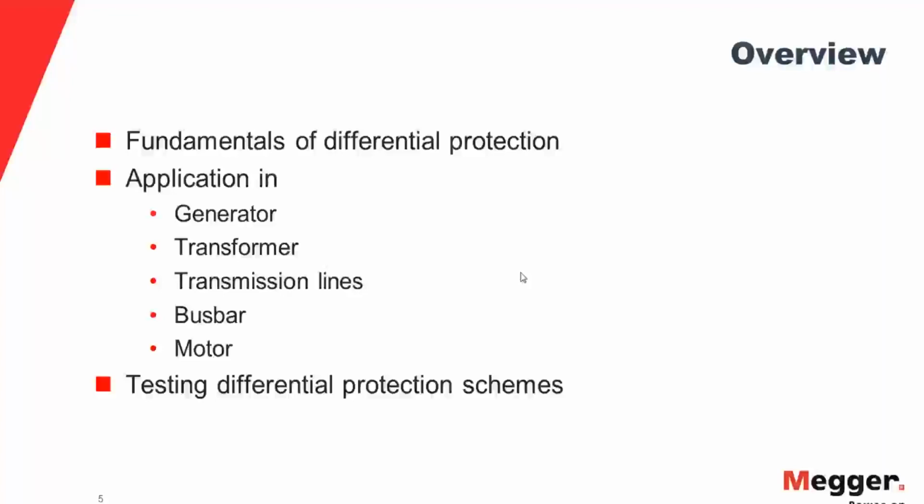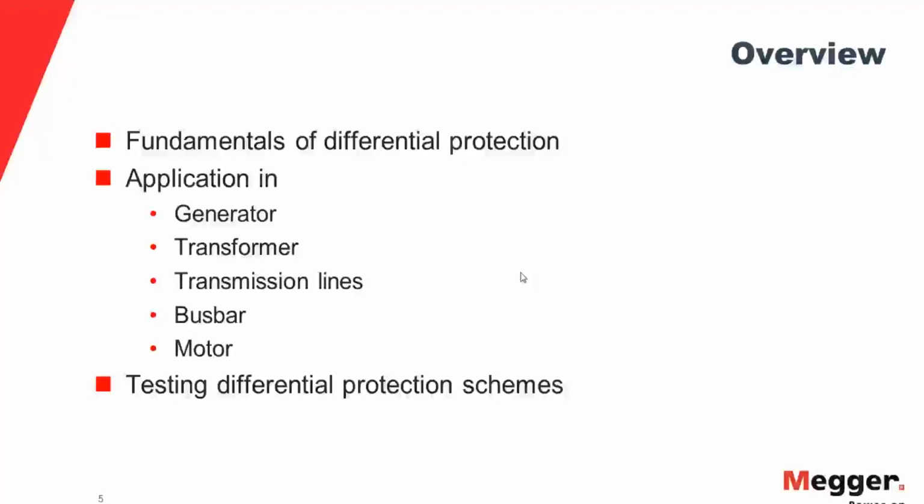Today, the topic of discussion is going to be differential protection and its applications in different segments of the power system. I have divided the presentation into 3 sections. The first one is talking about the fundamentals of differential protection.